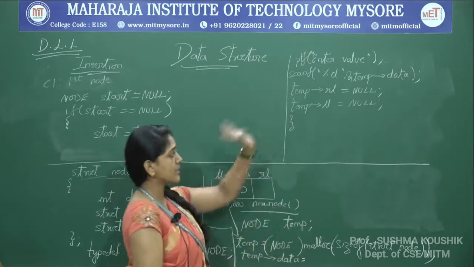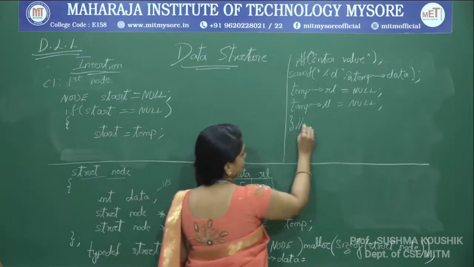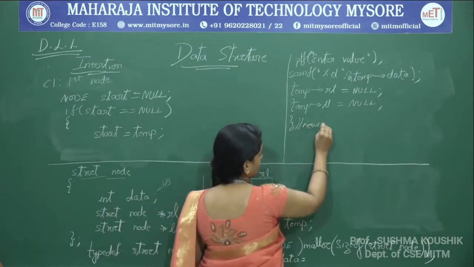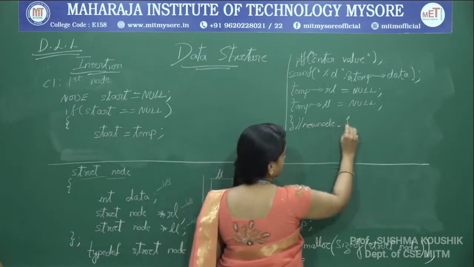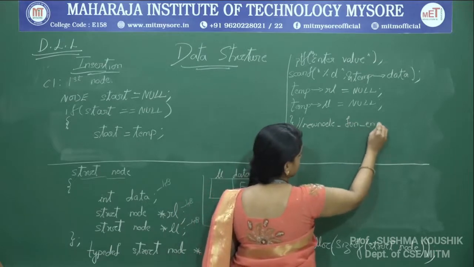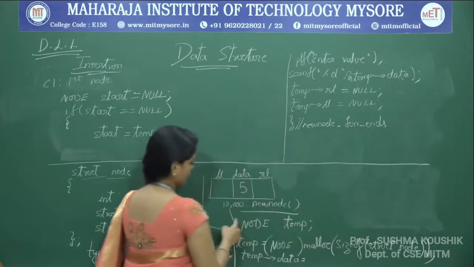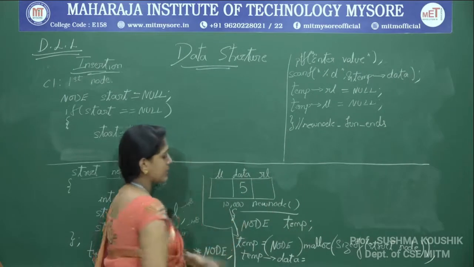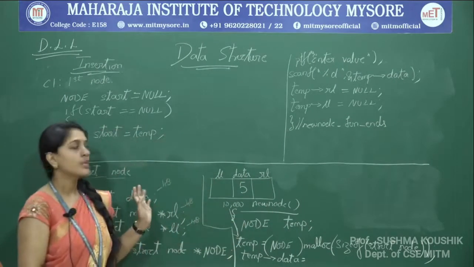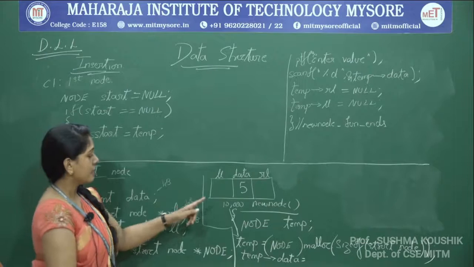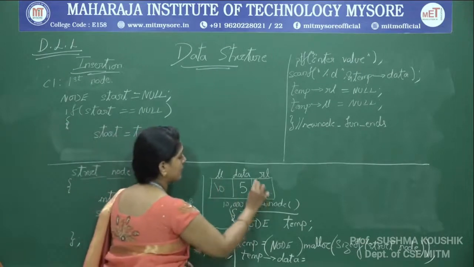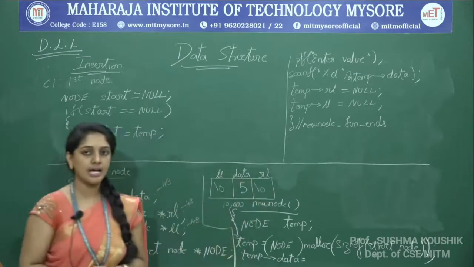Okay, so all these lines come under the new node function. Here it begins the new node function and there it ends. So with this we have understood. Here I have put the null value, here we have put the null value.